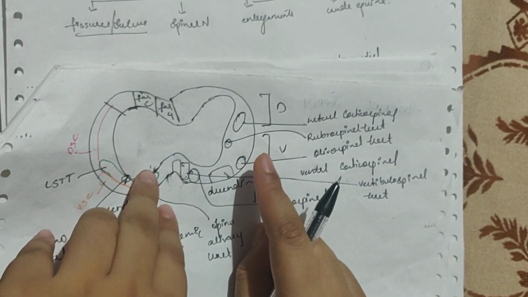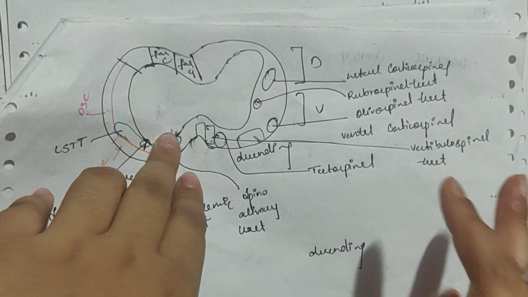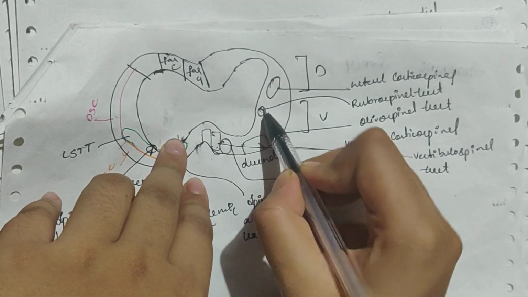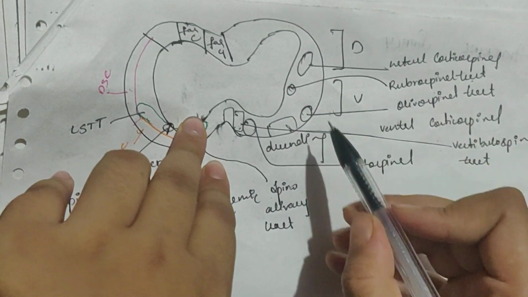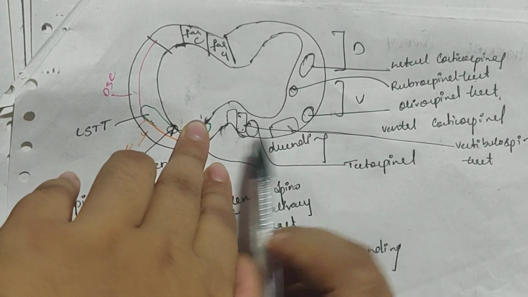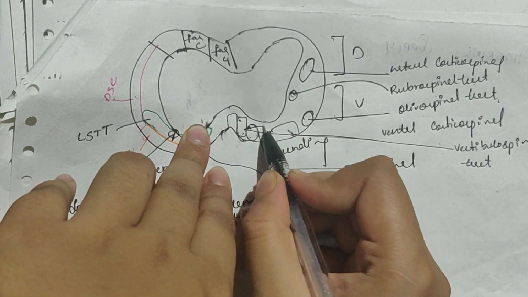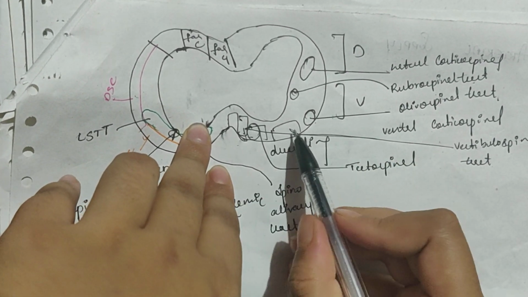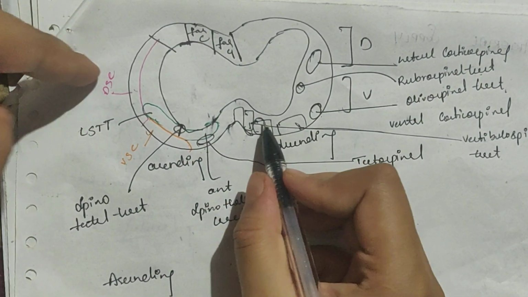Next we have four spinal tracts. This is the rubrospinal tract, this is the olivospinal tract, this is the vestibulospinal tract, and this is the tectospinal tract. The tectospinal tract and the vestibulospinal tract are rectangular in structure.